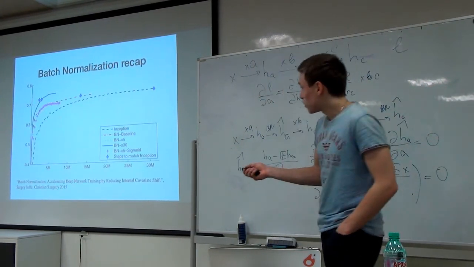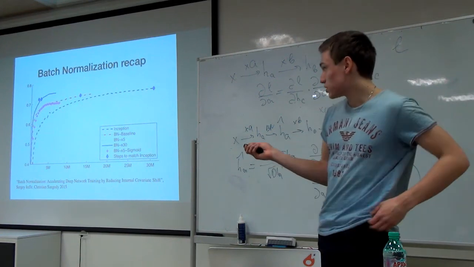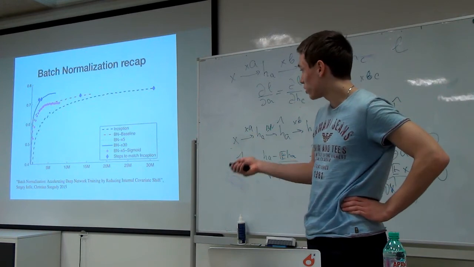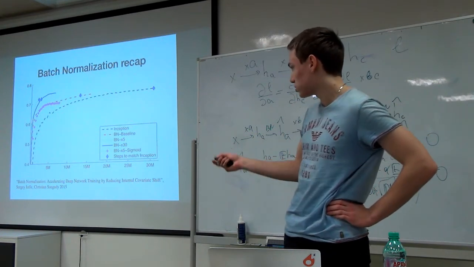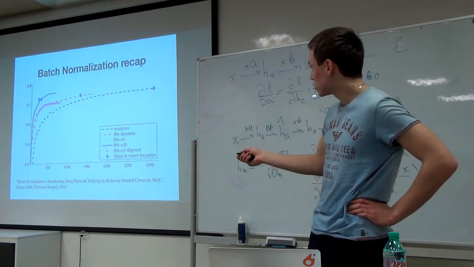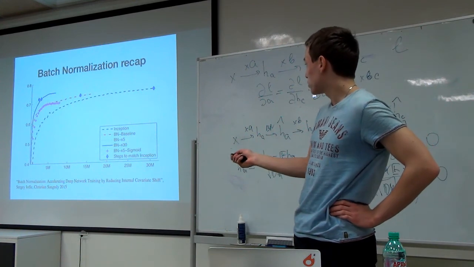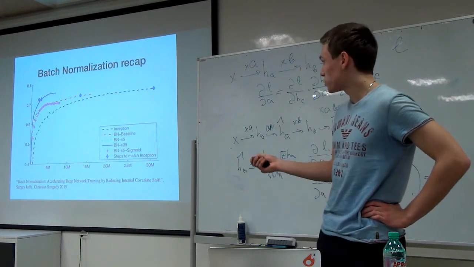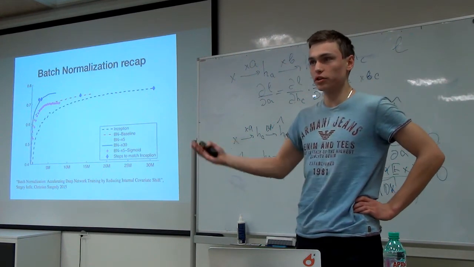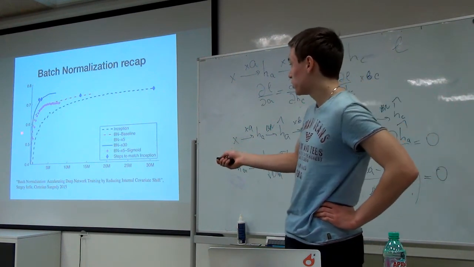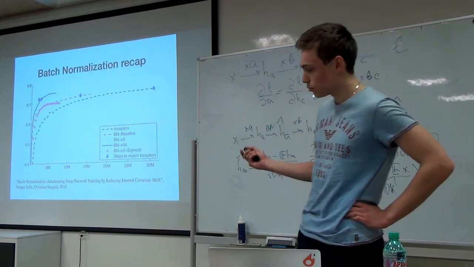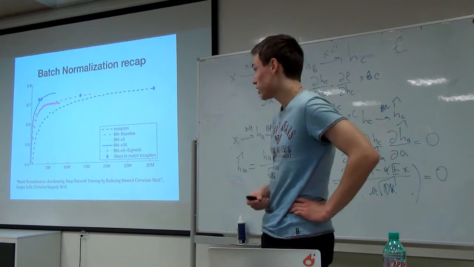And here are some plots of accuracy score versus training iterations. The black dot is Inception without batch normalization, and the blue one is with batch normalization and actually a bigger learning rate step. You can see that we converge 6 times faster and achieve a better accuracy score.